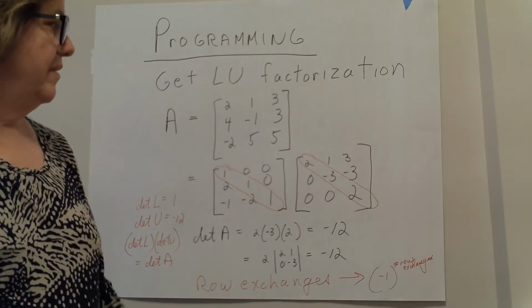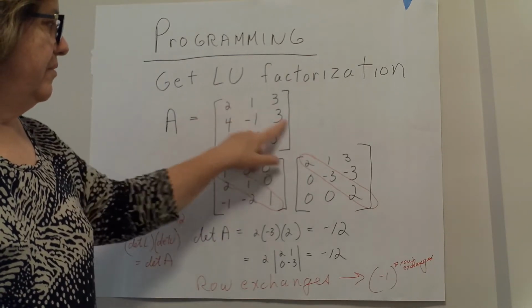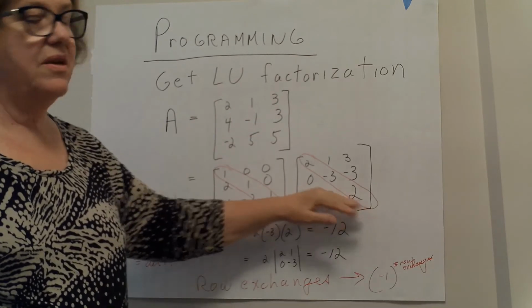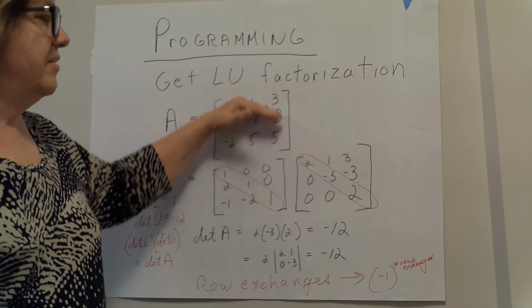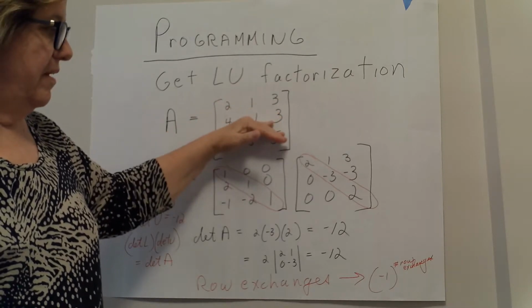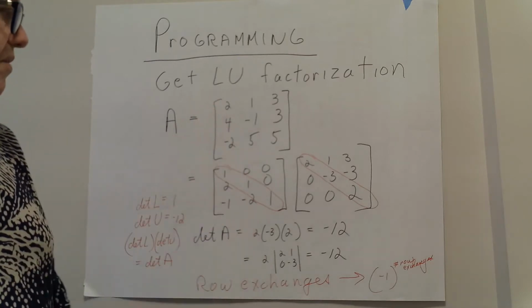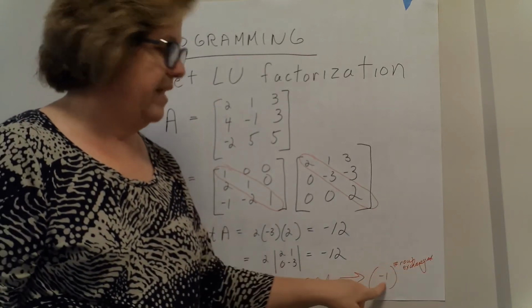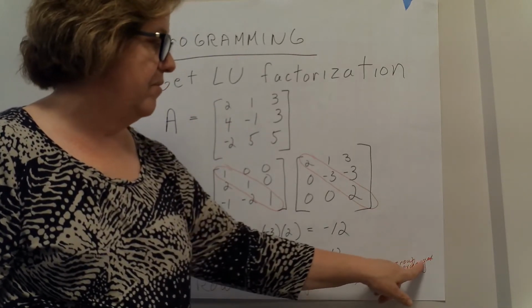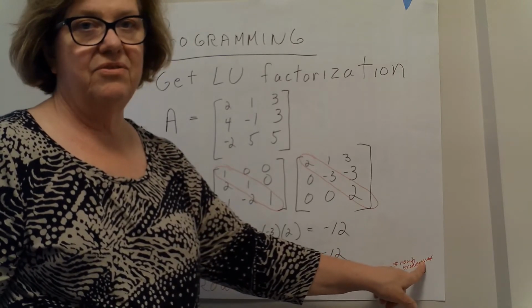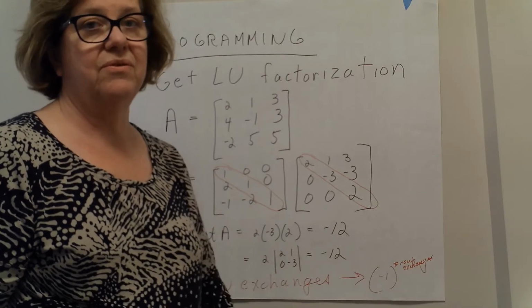One problem. If you remember, sometimes in order to get the LU factorization, you have to exchange rows. So if you exchange rows, you've got to multiply by negative 1 raised to the power of the number of row exchanges. In some of the exercises you do, you'll see why that's true.